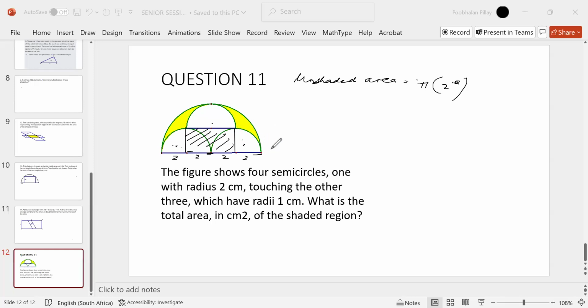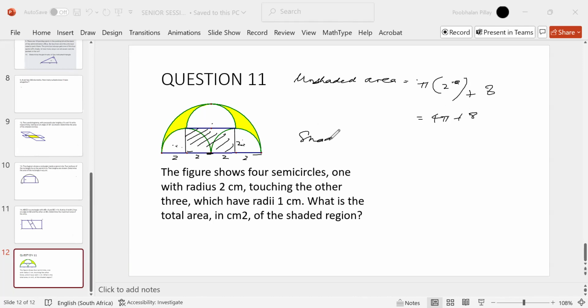But the other one is just a rectangle. And for this rectangle, the height is the same as the radius, as you can see. So the area of the rectangle is length times breadth, which is 4 times 2, which is 8. So it's 4 pi plus 8. So the area of the unshaded part is 4 pi plus 8.